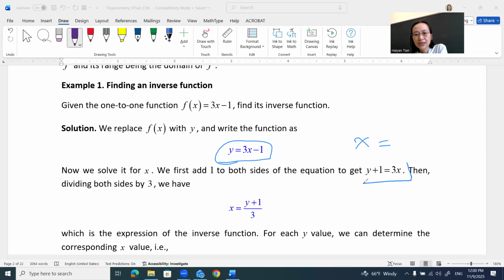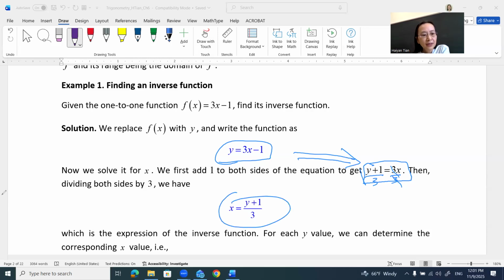You add 1 to both sides, so you change the equation into this. And now, after that, you can get x, right? If we divide by 3 on both sides of the equation, so you see we can get x. Just divide by 3, and then 3 is canceled. x is 1/3 of y plus 1.